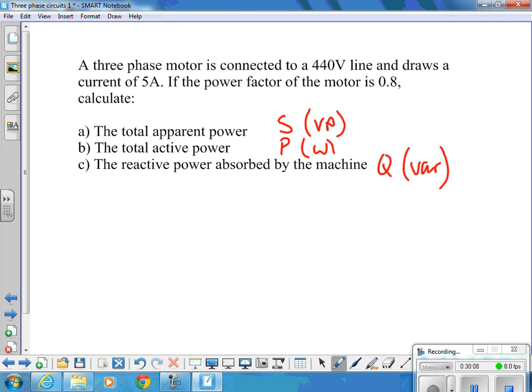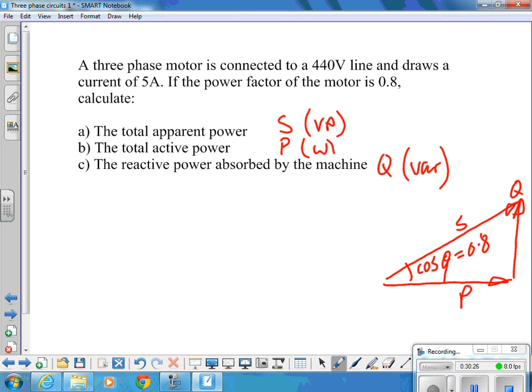So we're probably going to end up looking at something like this: P, Q, and S, and we've got a cosine of that angle of 0.8. So what can we do to find the first value with regard to that triangle?